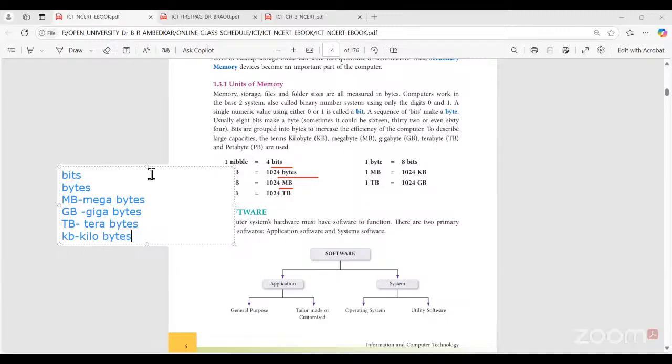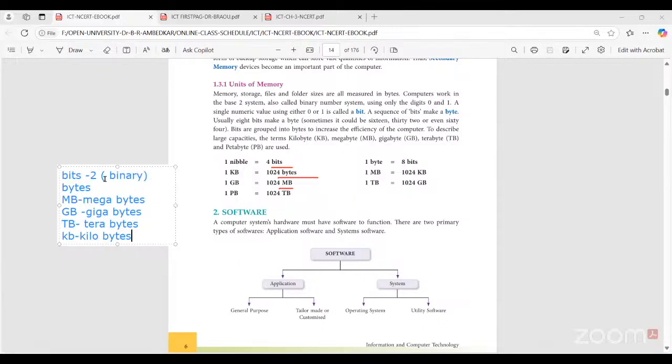By using these measurements, we can know how much data is inside the storage devices or inside the memory. So for your clarification, I'm going into a little more depth here. The bits here: if it is 2 bits, we call it binary.